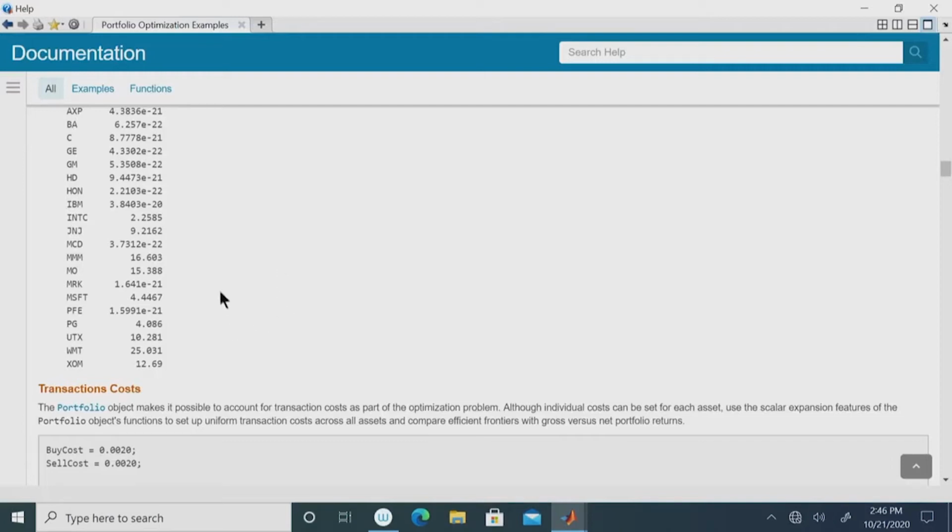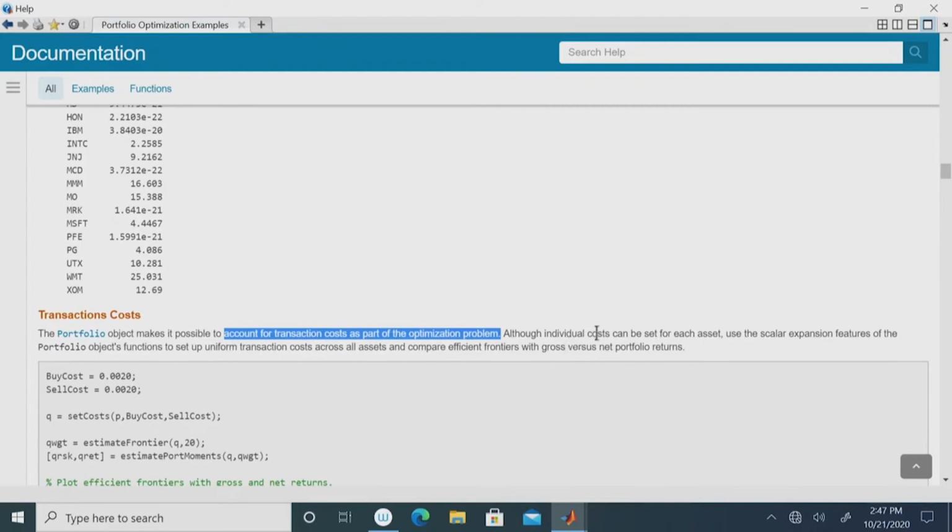So, now we look at an extension of the problem to make it more realistic, and accordingly we incorporate the transaction cost. The portfolio object in the MATLAB Financial Toolbox has the provision for accounting for the transaction cost as a part of the problem.